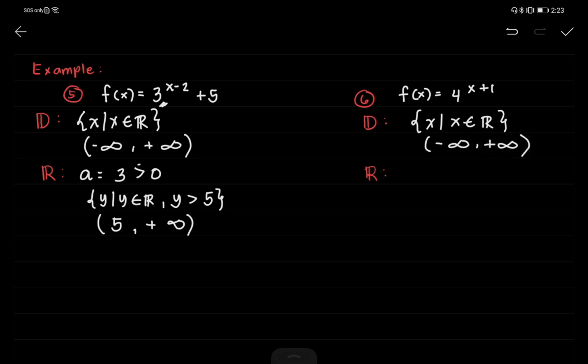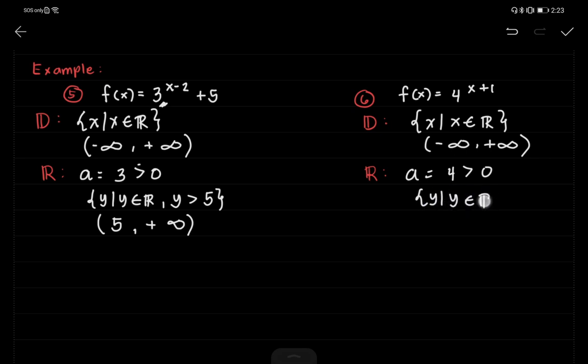Then our range here, the a value is 4. And 4 is greater than 0. So same as usual, parang ganito lang din yan. Greater than 0.